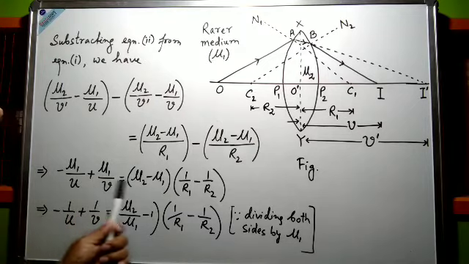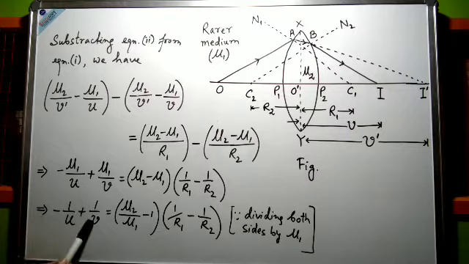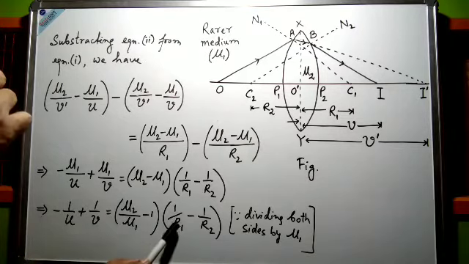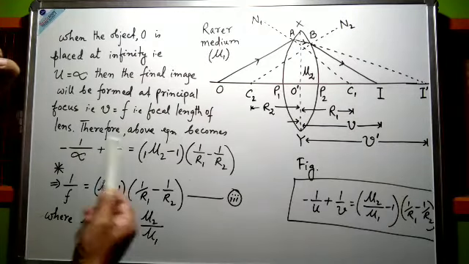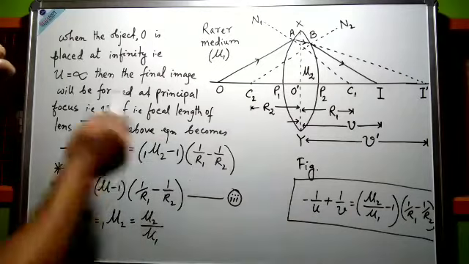We may write like this: minus 1 by u plus 1 by v equal to mu 2 by mu 1 minus 1, times 1 by R1 minus 1 by R2.